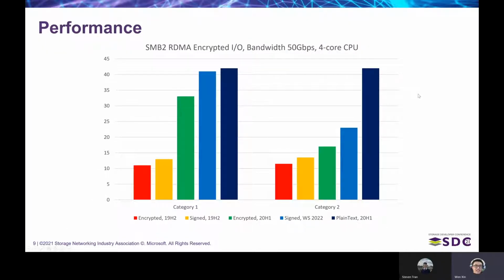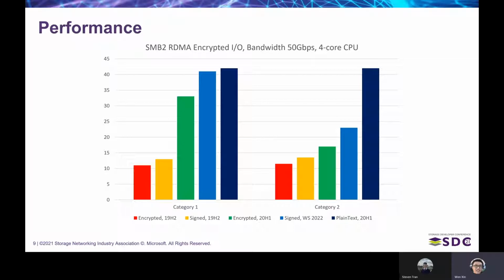Just to talk a little bit about the performance that we collected here. This is with 50 Gbps bandwidth. I believe it's 2 RNICs, so collectively 50 Gbps. Both client and server use a 4-core CPU to perform the send and receive. There are 2 groups, and each group has 5 bars.